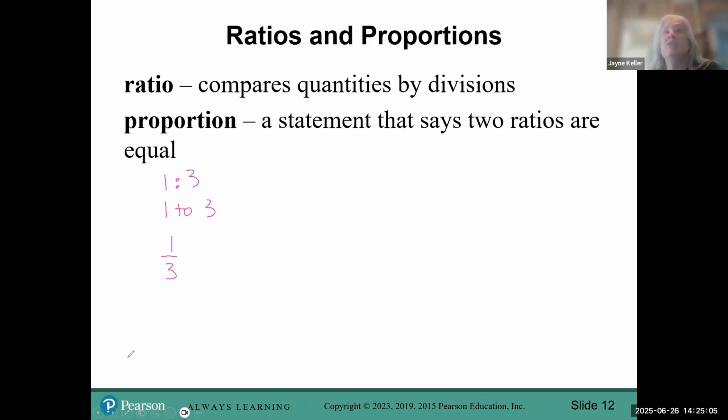These are all equivalent ratios. And to make it a proportion, I need an equal sign. So 1/3 is the same as 2/6. That is a proportion. When we have variables in our proportion, we can solve them.